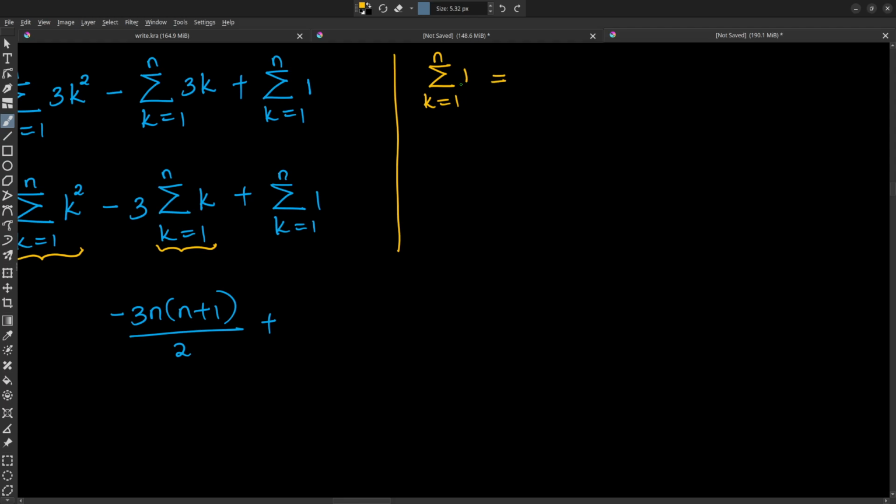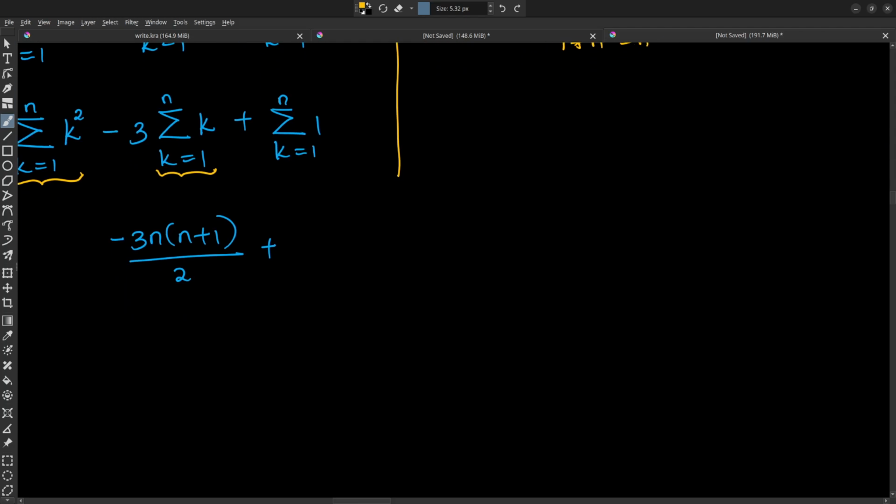When k is 1, this is still 1, plus when k is 2, this is still 1, plus when k is 3, this is still 1. And this is going to happen all the way to n. When k is n, it will still be 1. But this is like taking 1 n times. So this is the same as doing 1 times n, which is n. So this summation is just n, right? So we come back here.